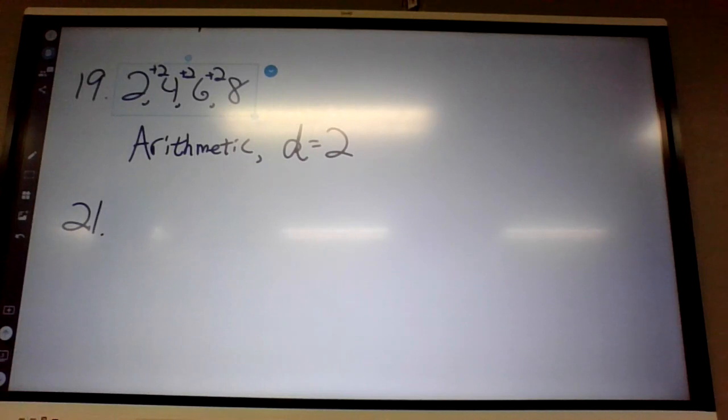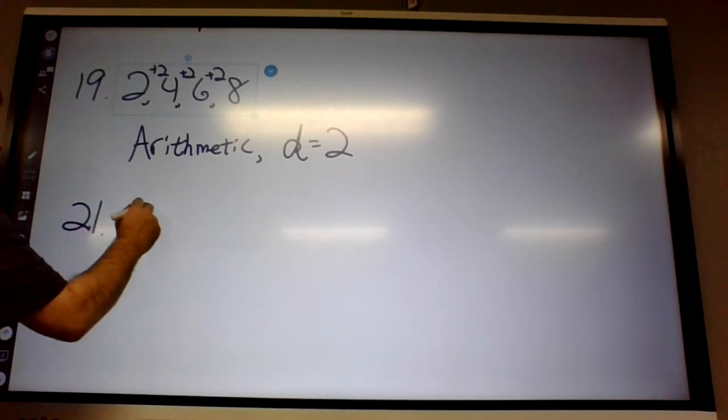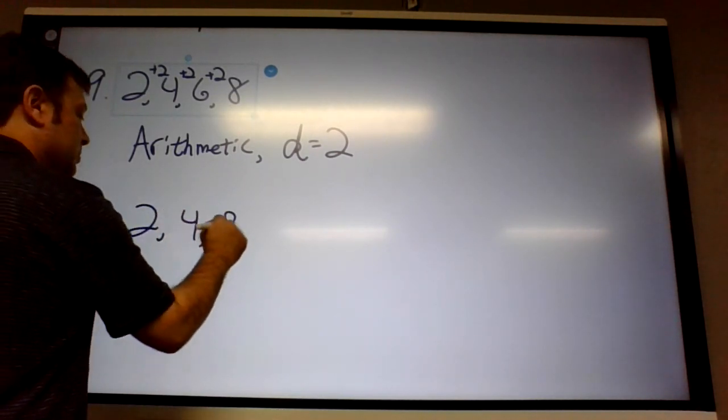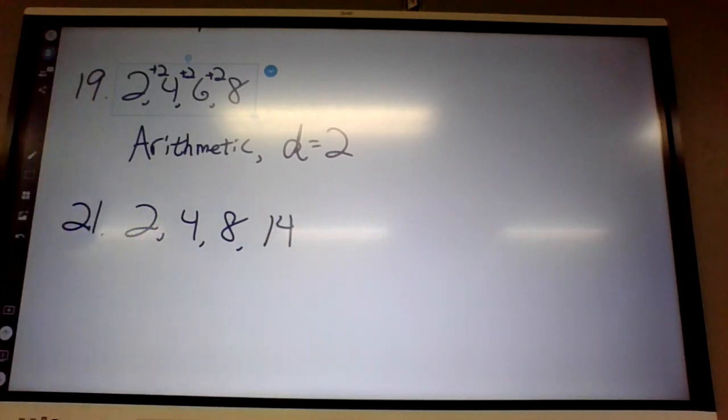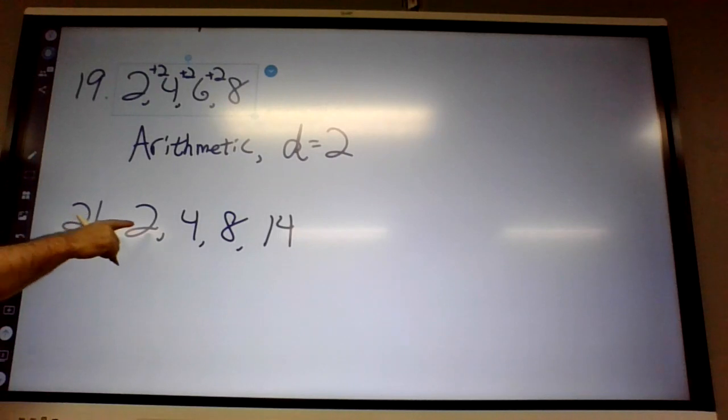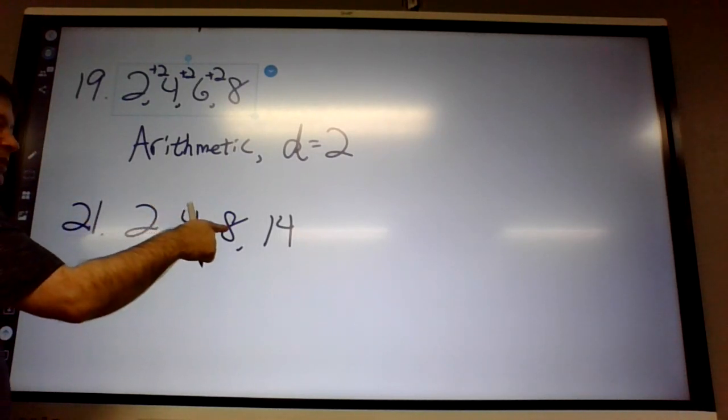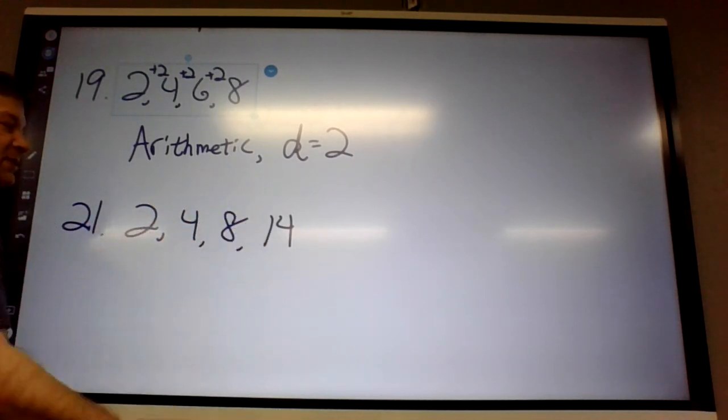Okay, on 28 it goes 2, 4, 8, 14. What is the pattern? Times 2? That almost works. It works on the first and the second jump, but not that. 8 to 14 is not times 2.